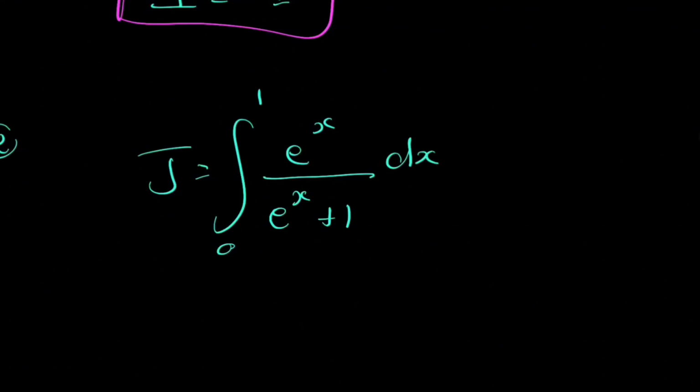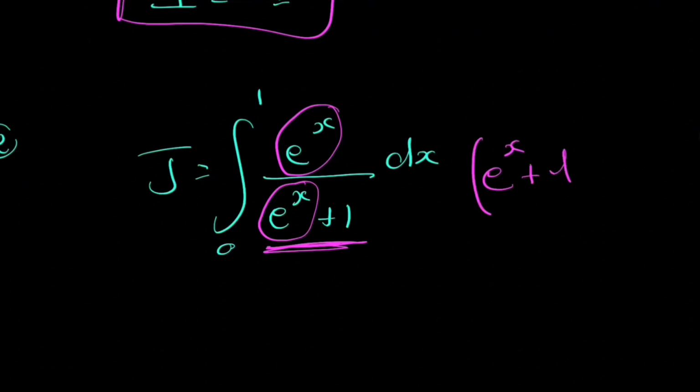A quotient, a fraction, is not really easy to do, but what you should see here is that these two things are really similar, and the derivative of exponential of x plus 1 is equal to exponential of x.